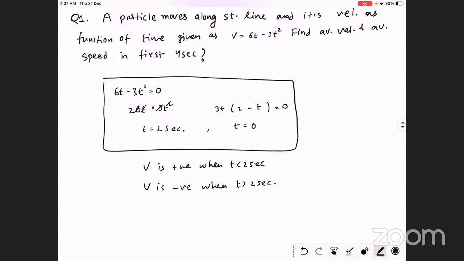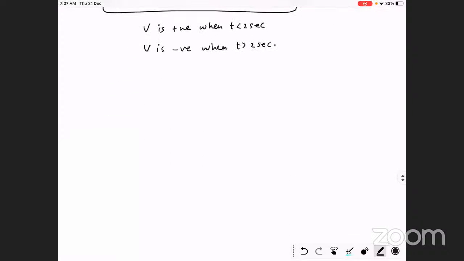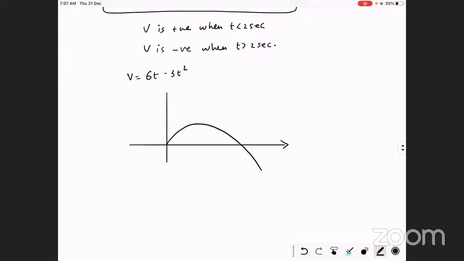Am I right? Yes. Now you need to see this much: if velocity as a function of time is given, you need to understand what type of graph velocity has. This is the velocity time graph.